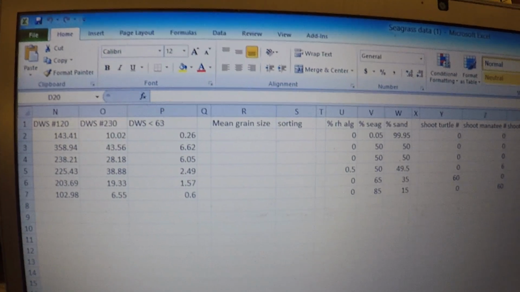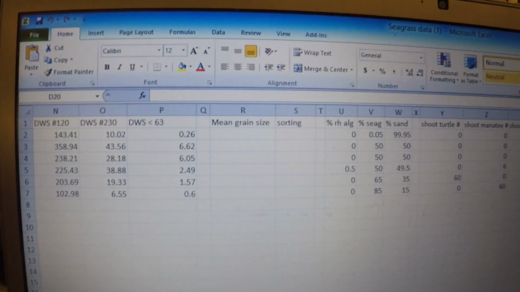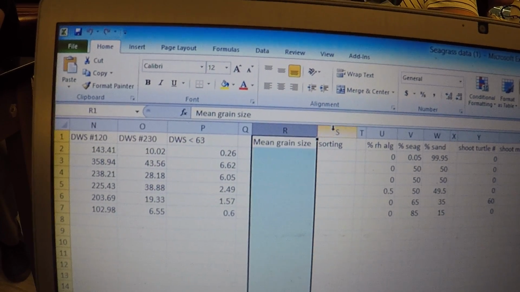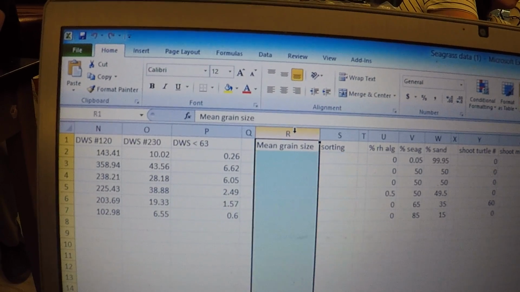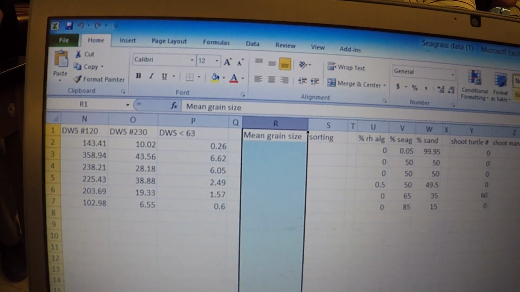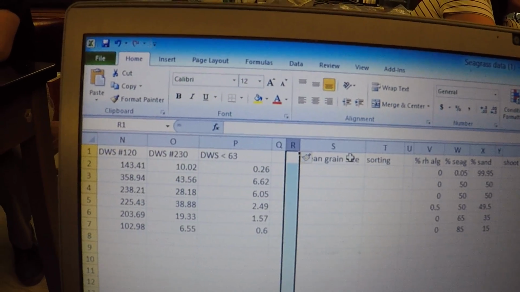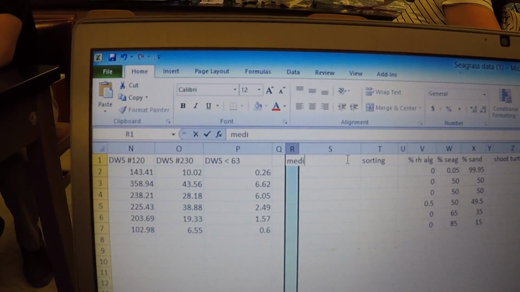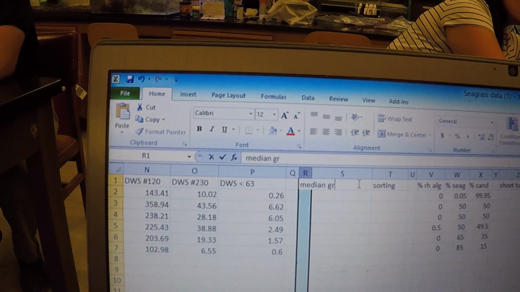And should I add a column for median grain size? I think I'm supposed to add a column for median grain size, so you might want to do that as well. So I'm going to insert a column right now, and you should do the same for median grain size.